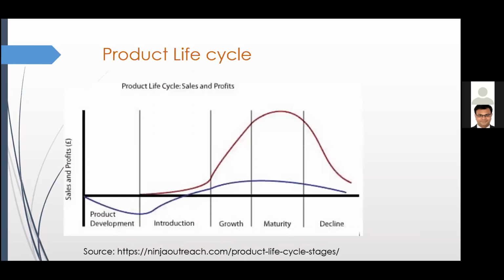So I'm showing how the product life cycle works. Here, if you see the product development, the red line shows the sales, and the blue line shows the investment and whatever spending is done on the product. At the starting of the product development, we are investing in the product, but there is no profit.